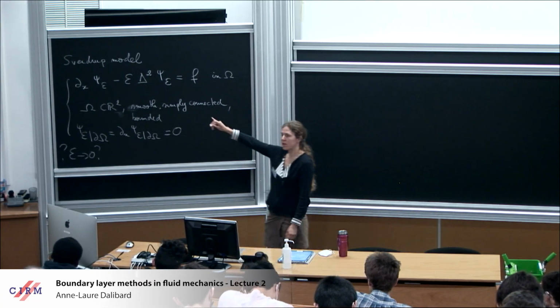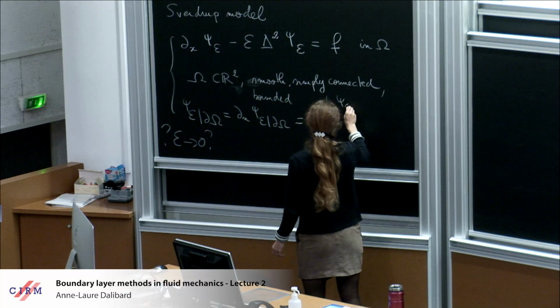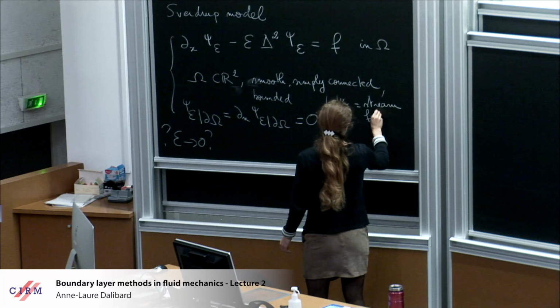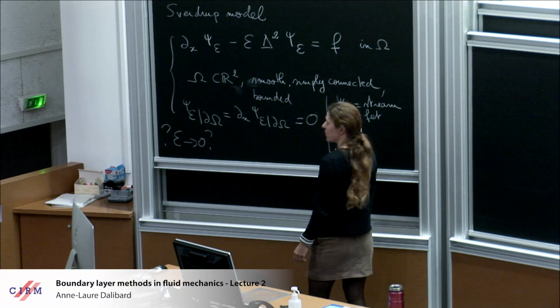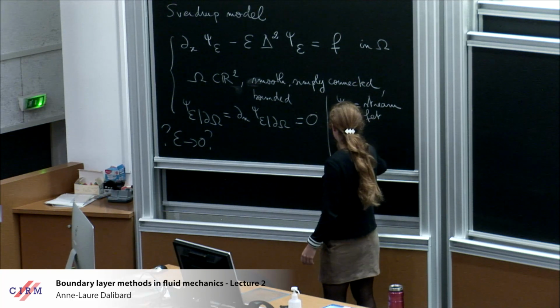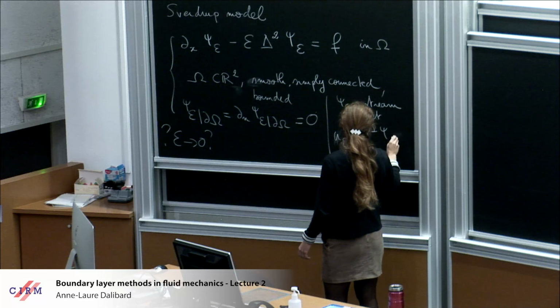So psi epsilon here is the stream function, which means that the velocity of currents is a two-dimensional velocity. The velocity u epsilon is the gradient perp of psi epsilon.